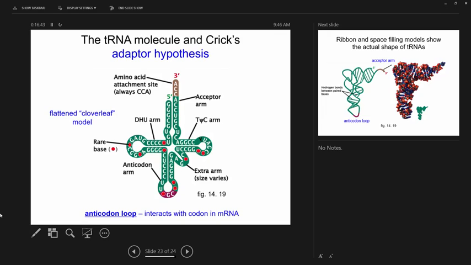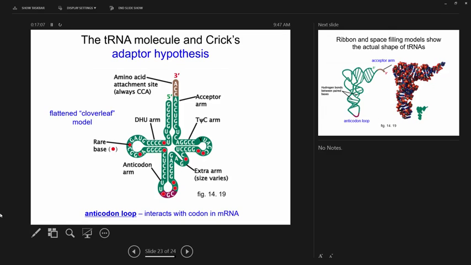He said there's got to be some kind of an adapter, some kind of a molecule that can interact with nucleic acid and interact with amino acids to adapt between them, to go from the nucleotide sequence of RNA to the amino acid sequence of proteins. And it turned out that he was right.